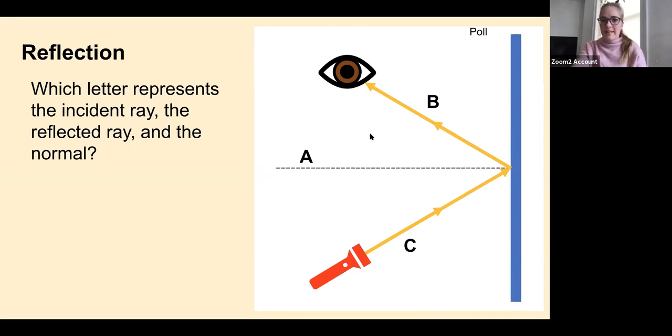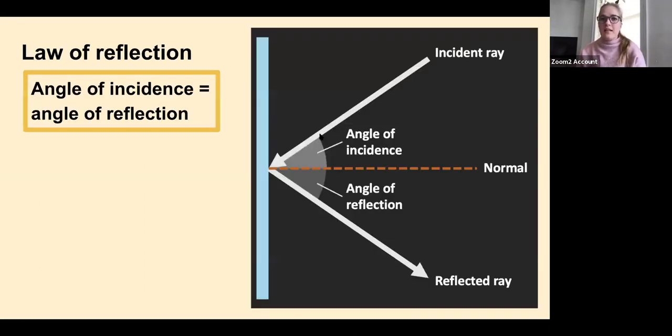Let's go a little more in detail on reflection now. There's this law called the law of reflection that states that the angle of incidence is equal to the angle of reflection. In this diagram, you can see that the angle of incidence is the angle between the incident ray of light and the normal, and the angle of reflection is the angle between the normal and the reflected ray.